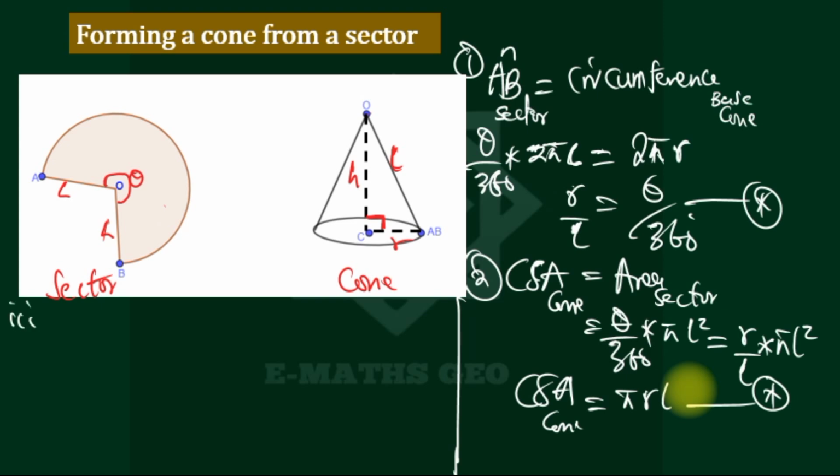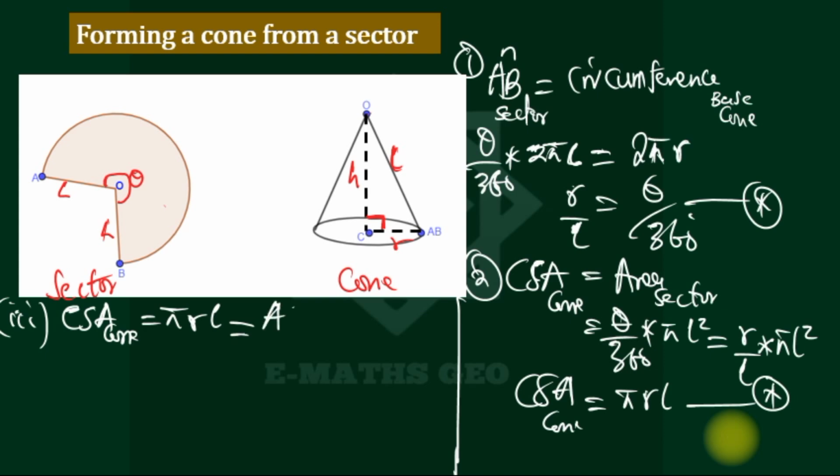Again, since the curved surface area of the cone is pi r l, and from the first relationship the length of arc is equal to 2 pi r, making pi r the subject of formula, pi r is the length of arc over 2.